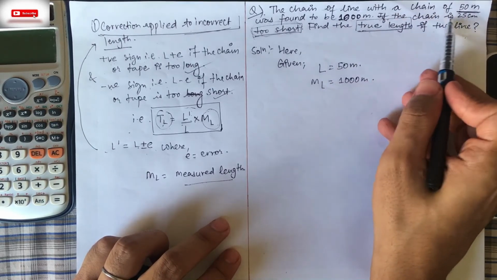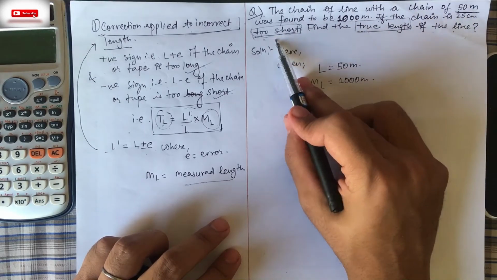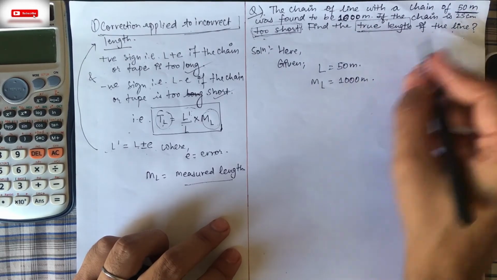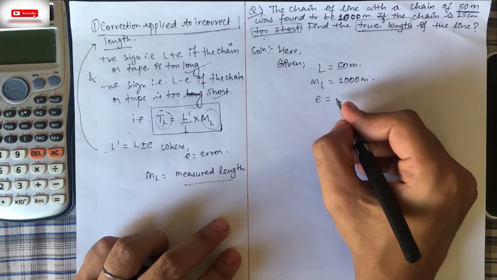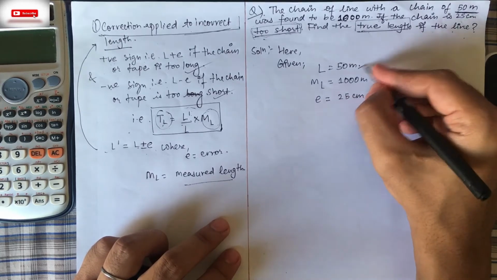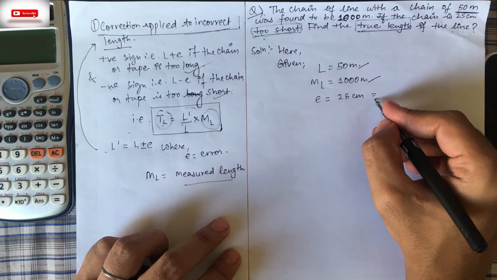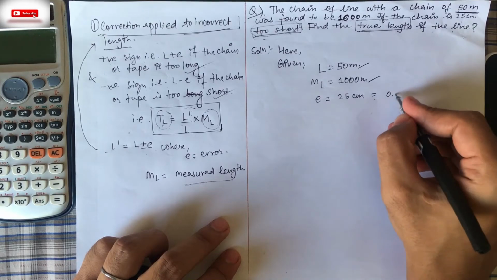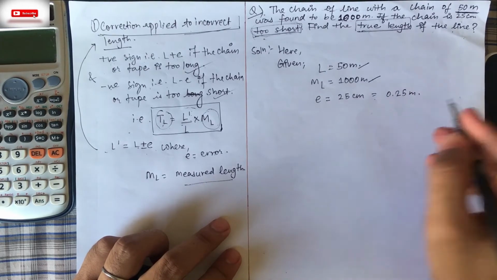And if the chain is 25 centimeter too short, that is our error. Error is equals to 25 centimeter. Since it is in meter, we have to convert this also in meter. So that will be 0.25 meter.